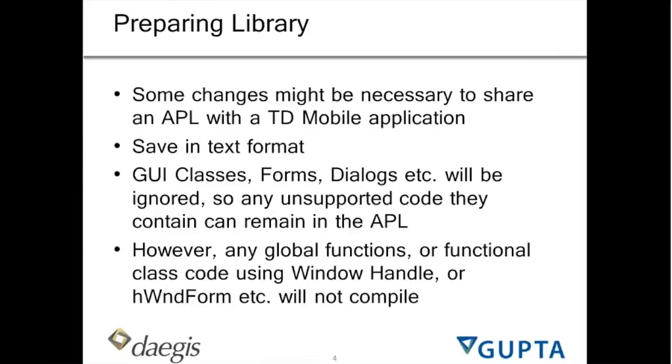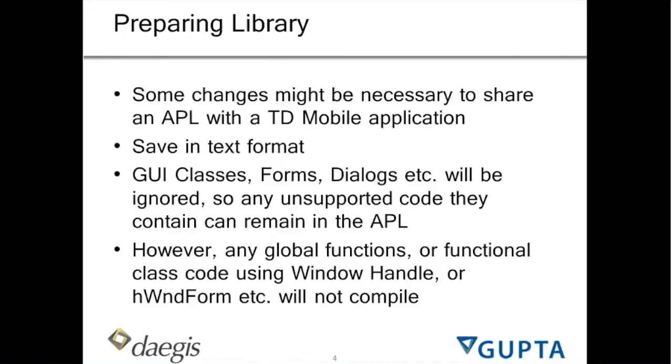Now, if you have any GUI classes or forms, dialogs, menus that happen to exist in an APL, we'll ignore those components when you bring it into TD Mobile. So if you have any code behind those, like any event actions that we wouldn't be able to compile for a mobile app, that's fine because we'll ignore that code when you bring it across.